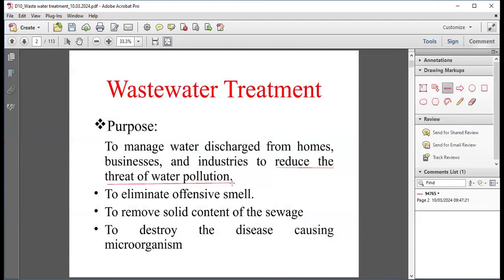This is the main goal, right? To manage the water discharge from homes, mainly in municipal areas, and some industries. So wastewater should be treated to reduce the pollution, water pollution.